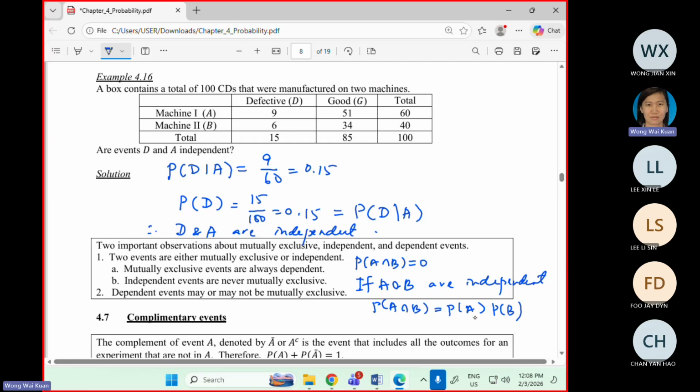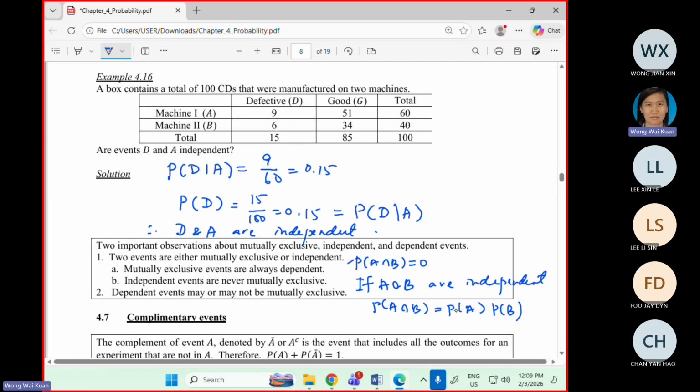One of them needs to be 0, then you multiply and you can get 0, right? So that's why it's either this or that. If they are independent, then they are not mutually exclusive, because multiplying two positive values should give a positive result.